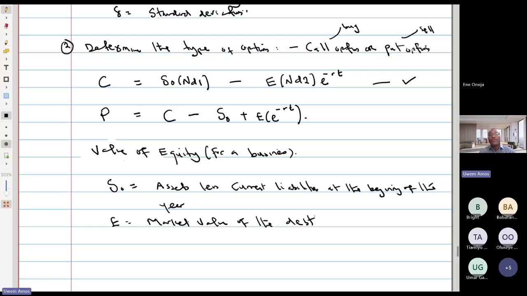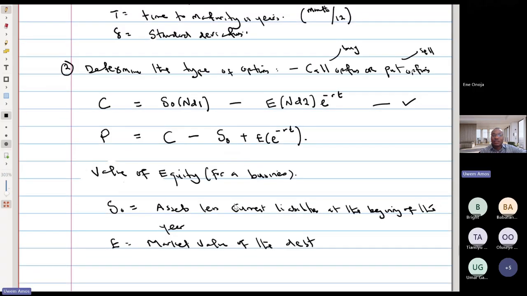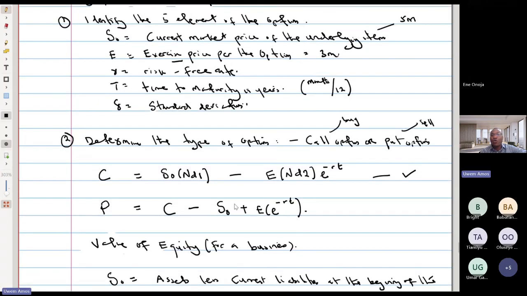The reason is that if you own a business and you have debtors or long-term liabilities, as a businessman there are two things you can do, and that's where the concept of option comes from. If you want to take full control of your business, what are you going to do?